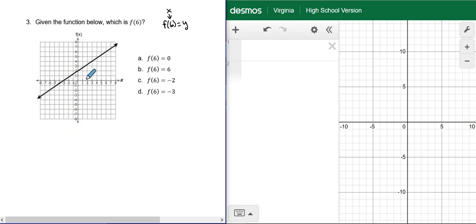So basically you're looking for when your x is equal to 6, what is your y-coordinate equal to? 6 as well. So f of 6 equals 6. Basically you're looking for the coordinate 6, 6. Here's how you would read it: x is 6 and y is 6 as well.